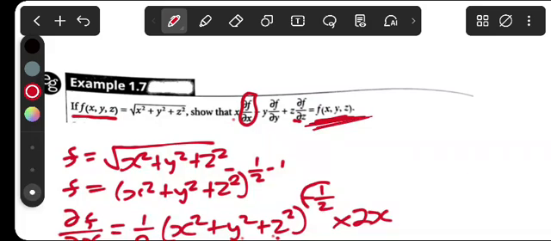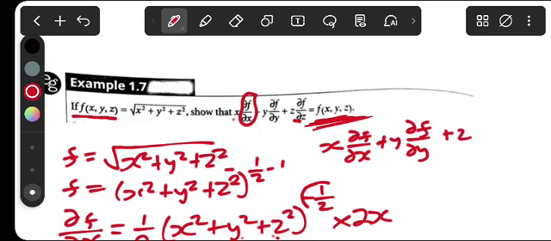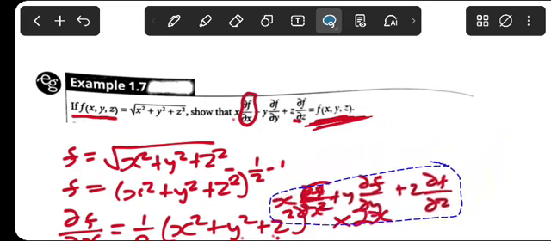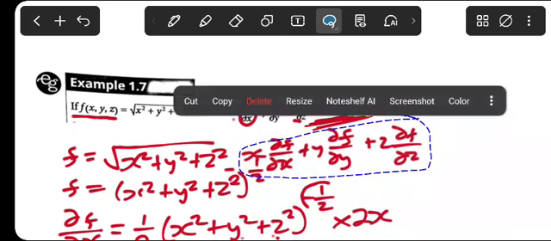All right, let me write the equation we're supposed to prove: x times the first derivative, plus y times the second, plus z times the third. This is the typical thing that we want to do.